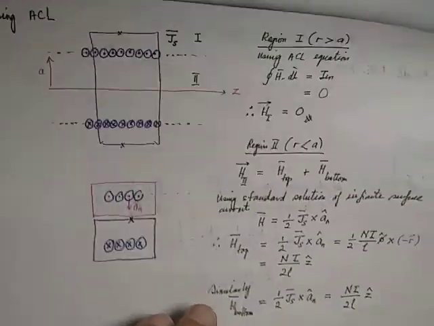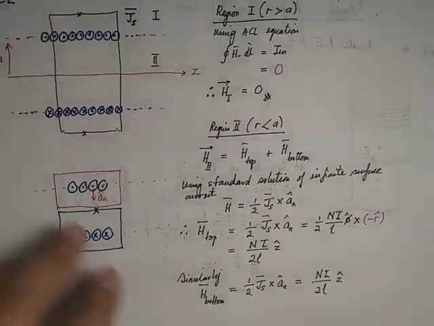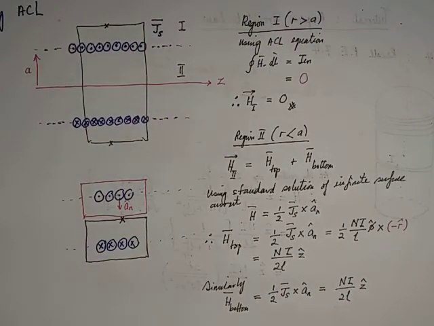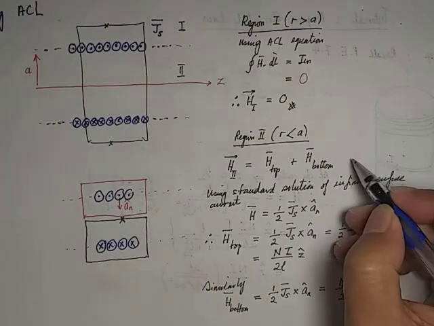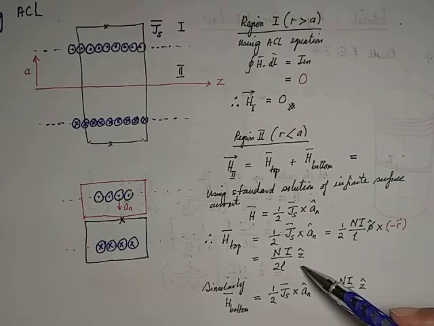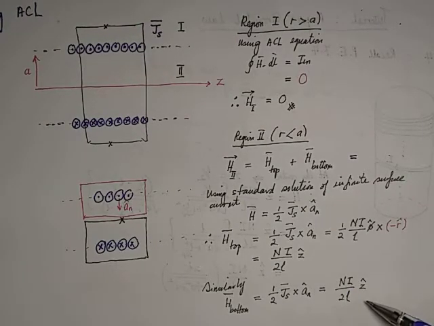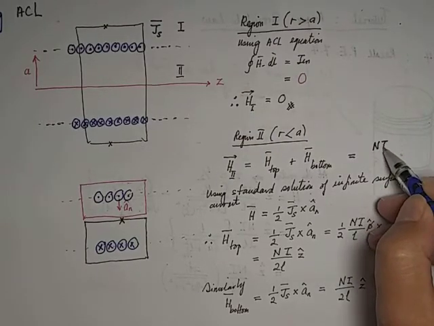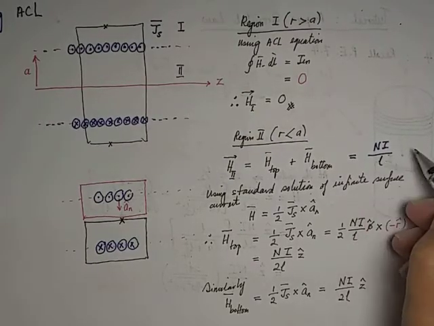Now if we put back that solution into our main definition of H region 2, what should be our H region 2 now? Should be this equation, correct? Plus this equation. And then what is going to be the solution here? Good. NI over L in which direction?